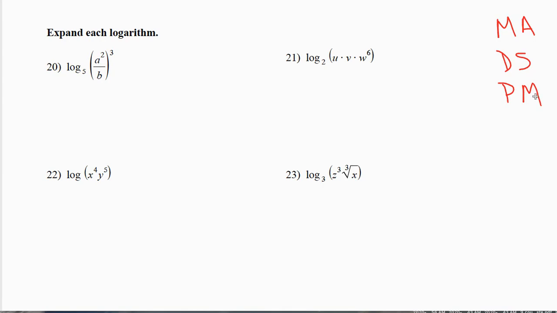When we raise a power to a power, that's what we're going to worry about first. We actually multiply. So we're going to bring this out front. So the first thing I can do is say that this is 3 log base 5 of a squared over b. Then I can divide.